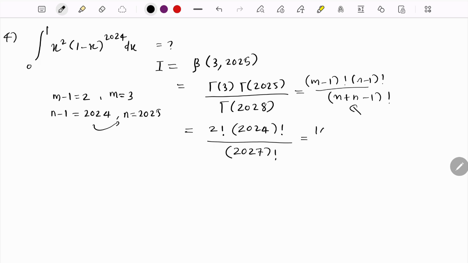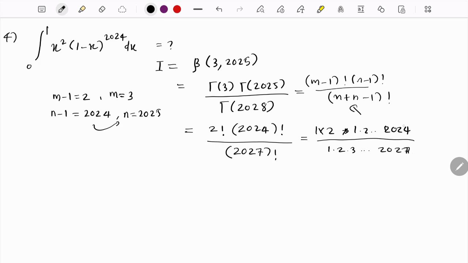This is equal to 1 into 2, and 2024 factorial means 1 into 2 into etcetera up to 2024, divided by 1 into 2 into 3 into etcetera up to 2027.